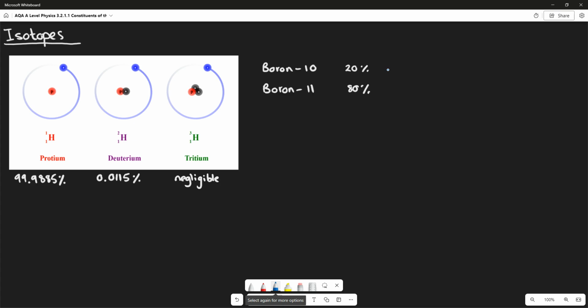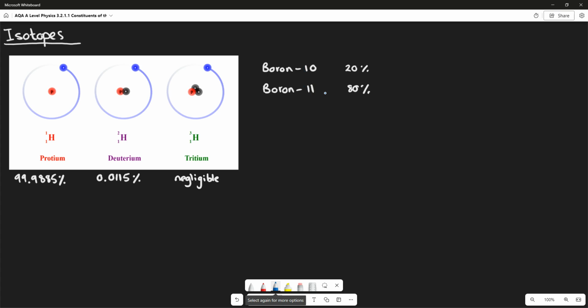You'll notice on the periodic table that the mass for boron is written down as 10.8. And that's because some of it is 10, but most of it is 11. So the mass on a periodic table usually indicates the average overall mass when you include all of the different types of isotopes.